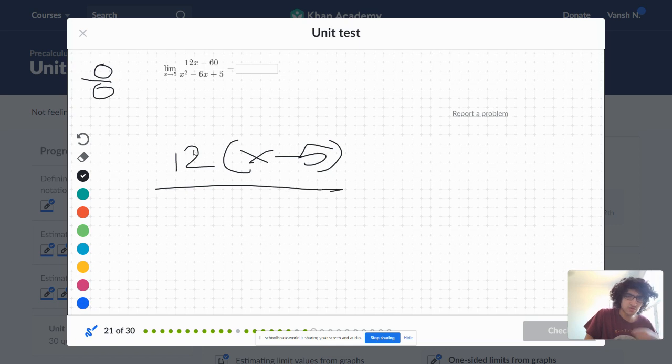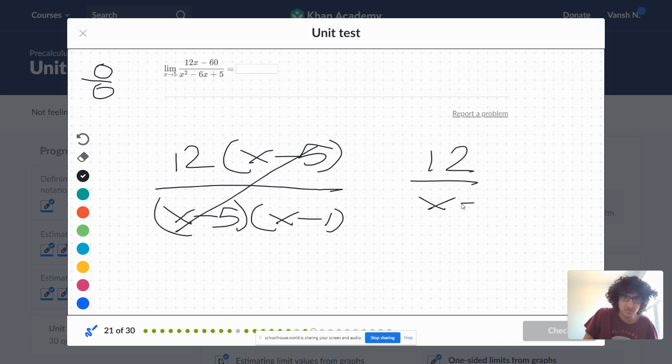On the bottom, you should get x minus 5 times x minus 1, which multiply to 5 and add to -6. So this cancels: 12 over x minus 1, and the limit as x goes to 5 is 12 over 5 minus 1, which is 12 over 4, which is 3.